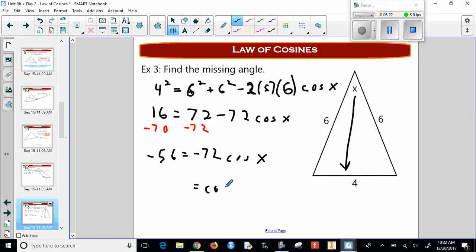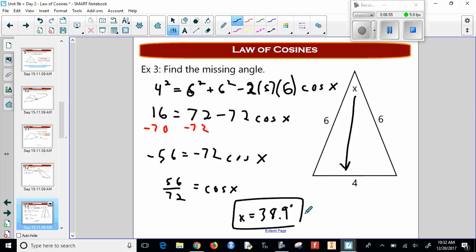And a negative divided by a negative will be a positive. So I'm just going to leave it 56 over 72. Now if I want to find that value, I just take the inverse cosine of 56 divided by 72. And I get an angle x equals 38.9 degrees.